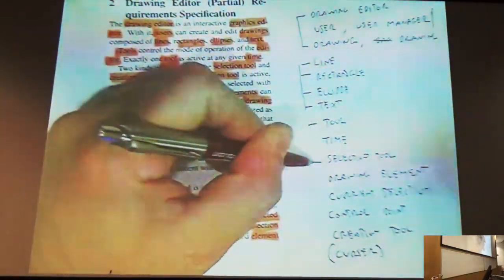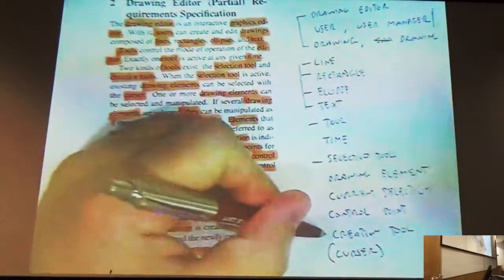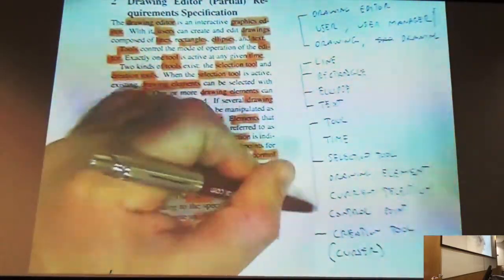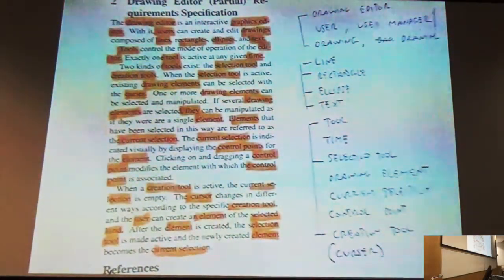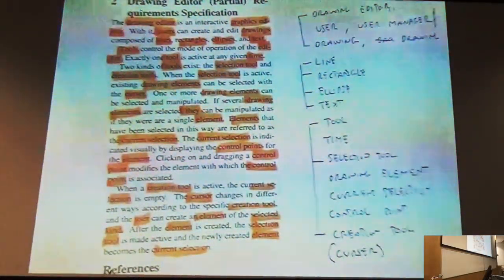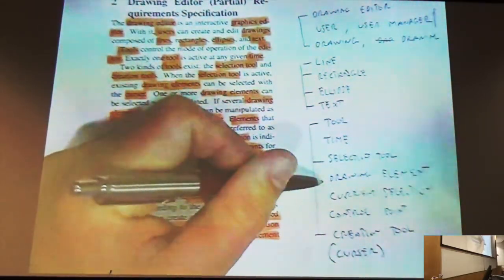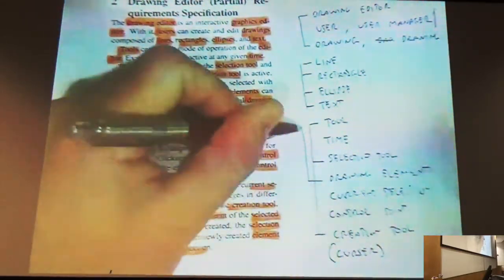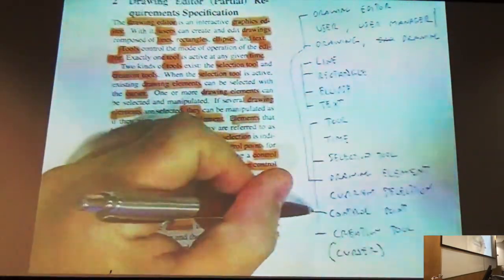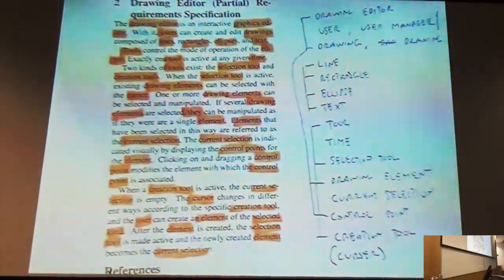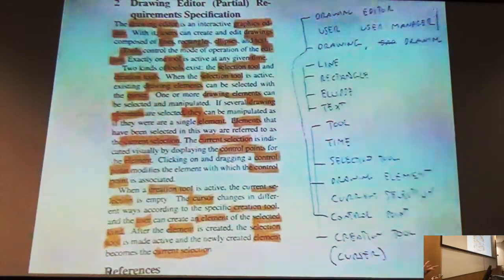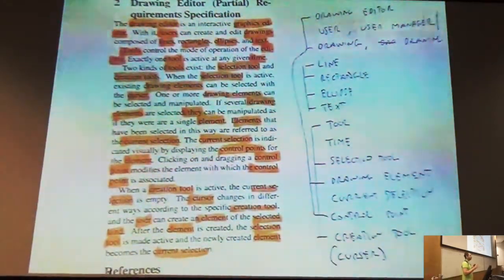And these, selection tool, creation tool, you can see that those are connected to each other already. And all these drawing ones are connected to each other. Control points, now it's starting to get messy. But we can see that some of those objects are probably going to be collaborating or closely related somehow.